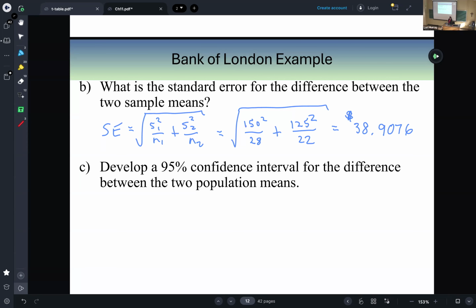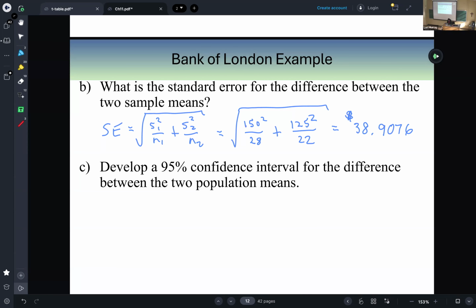It's good to carry those digits, even though in dollars you would say $38.91. I like how we're going 4 decimals because this is an intermediate step, and we know those are going into more formulas. This way you don't lose marks, but if you just said $38, there's some heavy rounding there. So to be as accurate as possible, carry as many digits as you can, and it works really well.